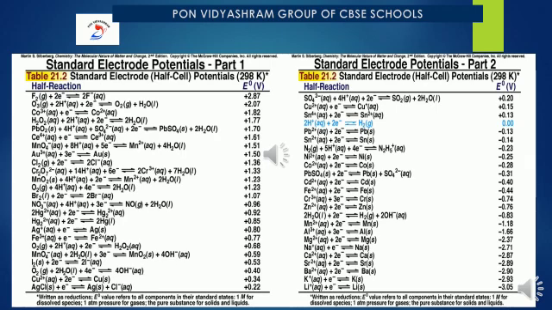In this, the negative sign of standard reduction potential, for example lithium, which has minus 3.05, indicates that an electrode when joined with SHE acts as anode, and oxidation occurs on this electrode. For example, the standard reduction potential of zinc is minus 0.76 volt.